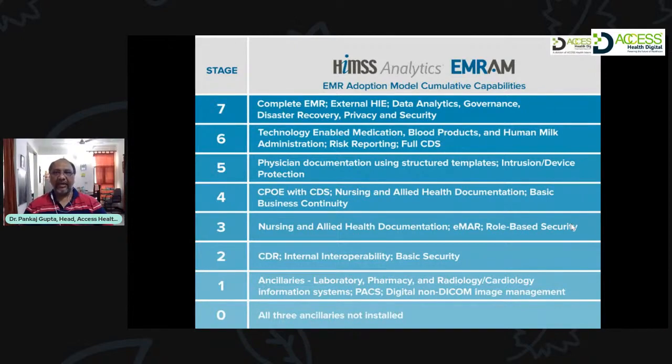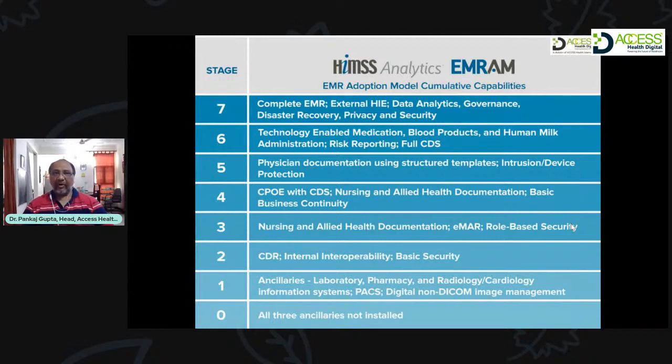BCMA, barcode medication administration, is a mechanism where the system helps make sure that the drug which was ordered is the drug which is administered. To make sure that the same drug is administered, whichever was ordered, there are a whole lot of technology interventions, and we'll see some of those with examples of how to make that happen.